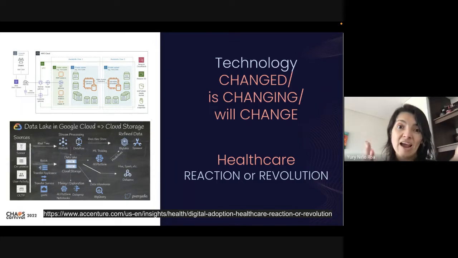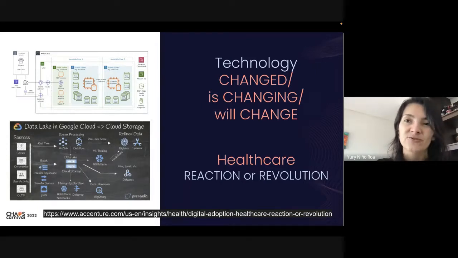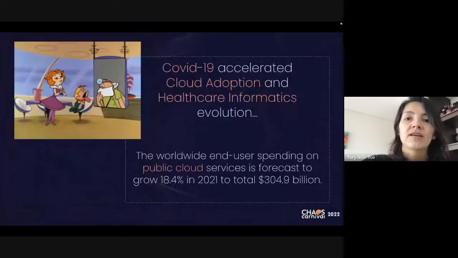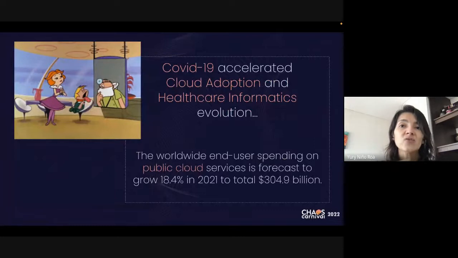For example, Accenture published an article during COVID-19 which questioned this attitude and these delays of the healthcare industry. Here is the reference. So everything works properly until we face one of the most challenging things, an outbreak. So COVID-19 accelerated the cloud adoption.